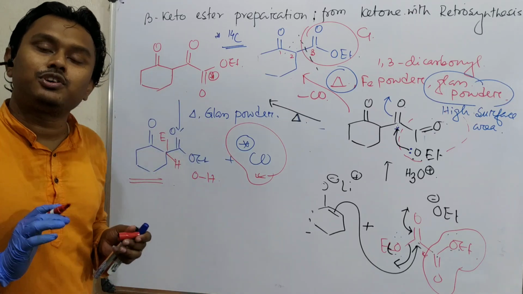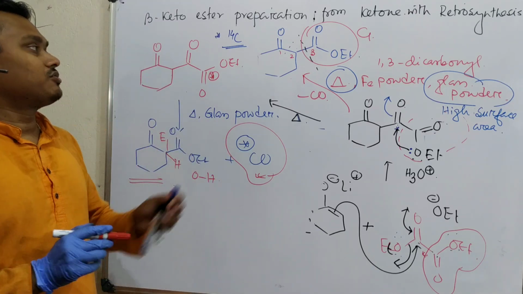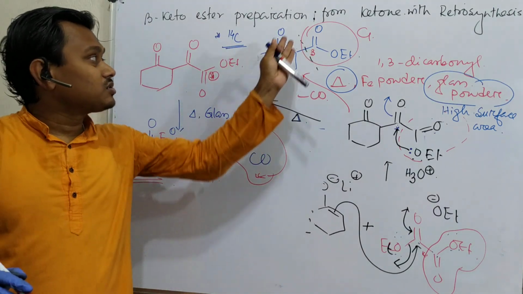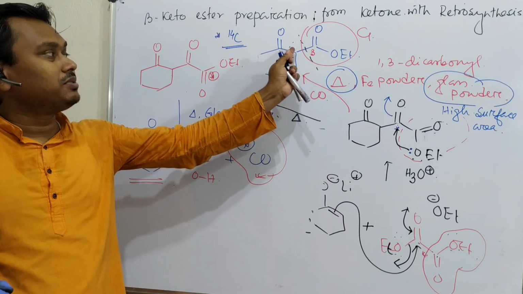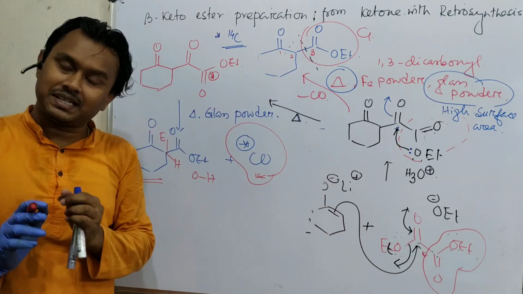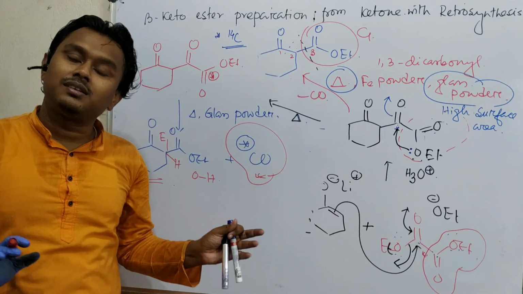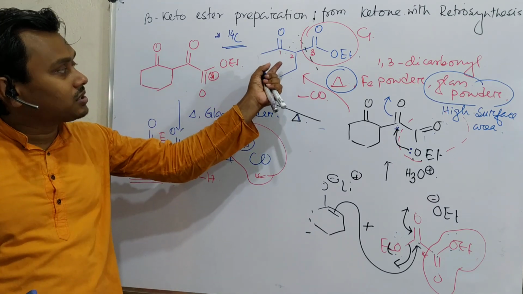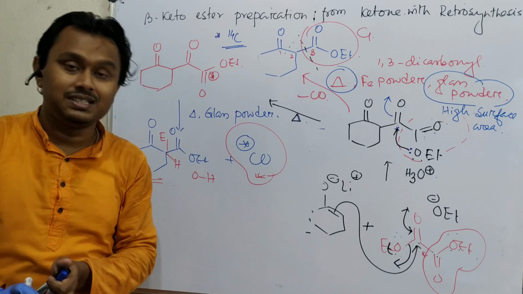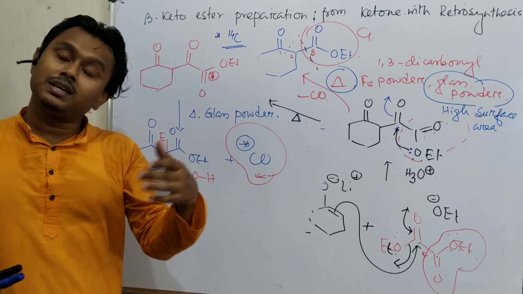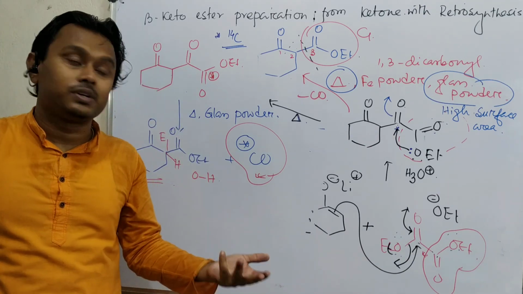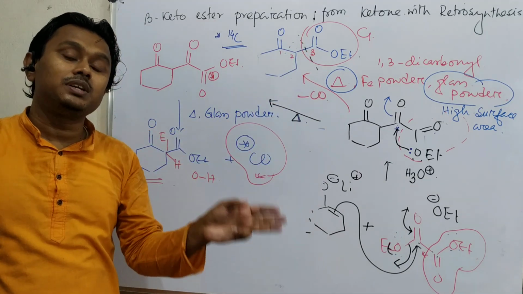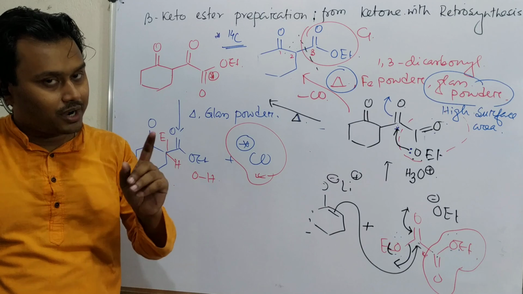So in summary, what have we learned today? We have learned a retrosynthetic strategy to prepare beta keto ester. We followed this disconnection because, with a ring, it is always better, if possible, not to break the ring. During the retrosynthetic part, it is better to keep the ring intact, because formation of a ring is relatively more difficult than simple substitution, because of the entropic factor. Point number 1.